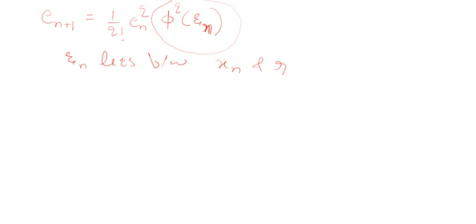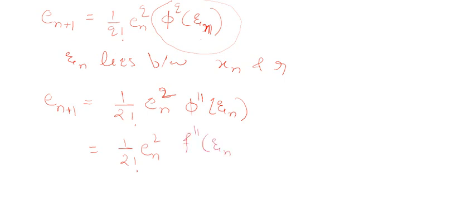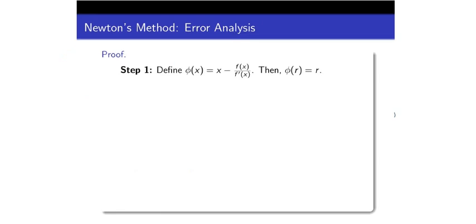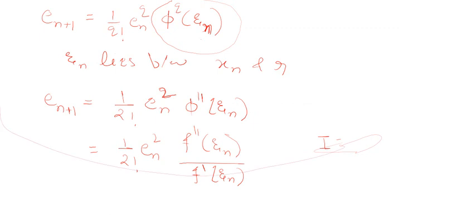In the case of Newton's method, e_{n+1} equals 1 by 2 factorial times e_n to the power q, where q is 2 here, times phi second derivative at z_n. That is 1 by 2 factorial times e_n squared times f second derivative at z_n divided by f dash at z_n, which lies in the interval I equal to R minus delta to R plus delta.